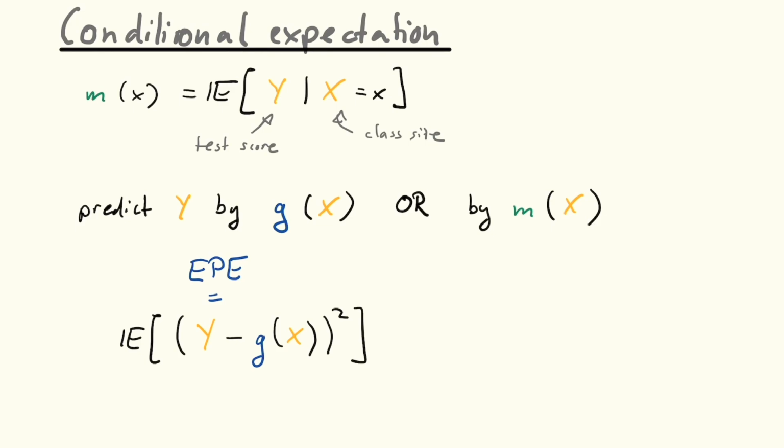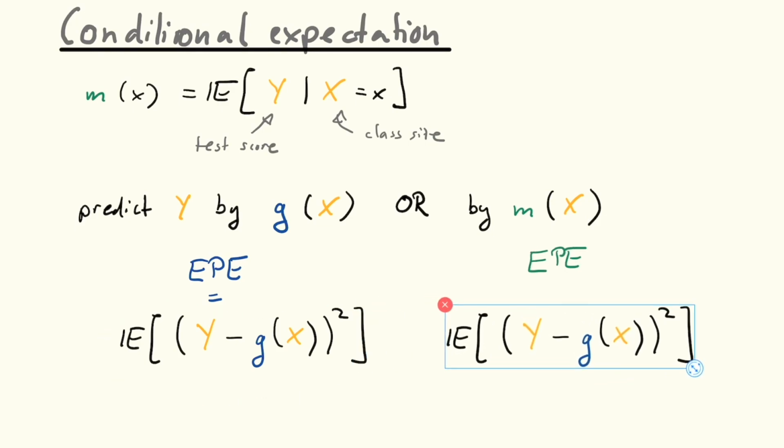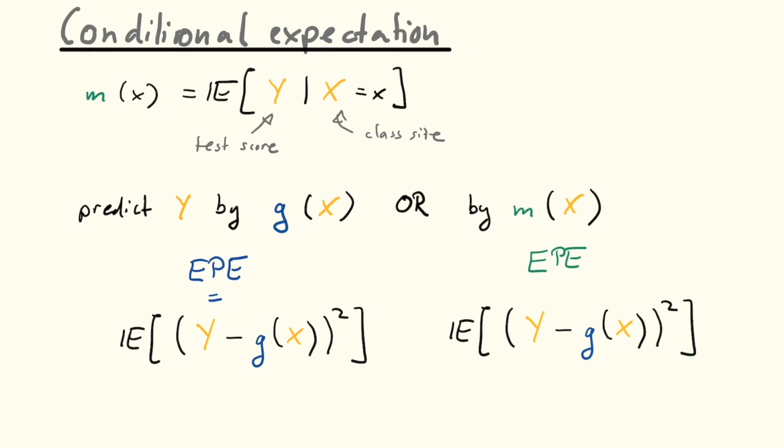And to get the EPE for m, we can just copy this and swap out g for m. At this point, you're probably not surprised to hear that the m function gives the best prediction.